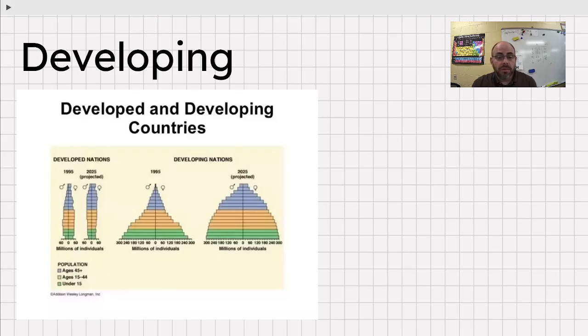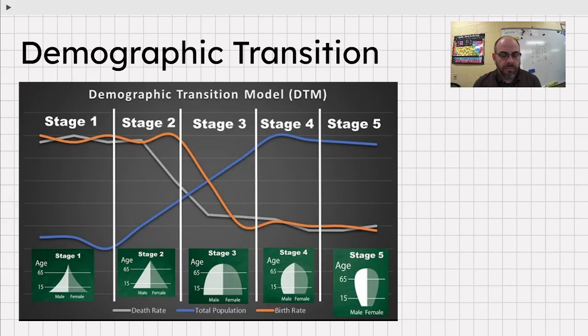More children in the workforce. It's sad, but it is the case. It's the way that all countries sort of develop. And these are rapidly growing countries, right? This is sort of back here in stage 1 and 2, even to a lesser extent, where the population is starting to stabilize. But stage 1, stage 2 in this picture are going to be what we would call developing countries.